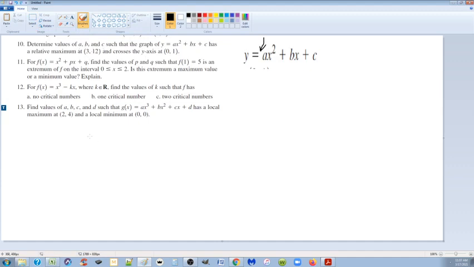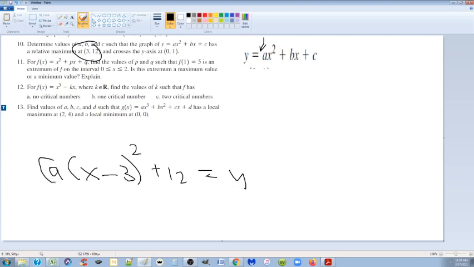I can also tell you right away that I could come up with the vertex formula just from that, with an A value, and now all I would have to do is use one of these points to figure out my A value. Let's see if I'm right and do it the simple way.